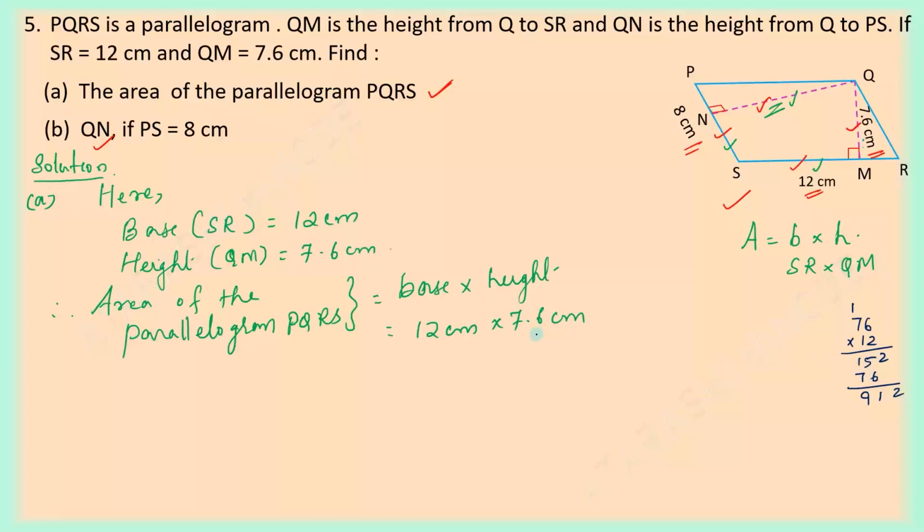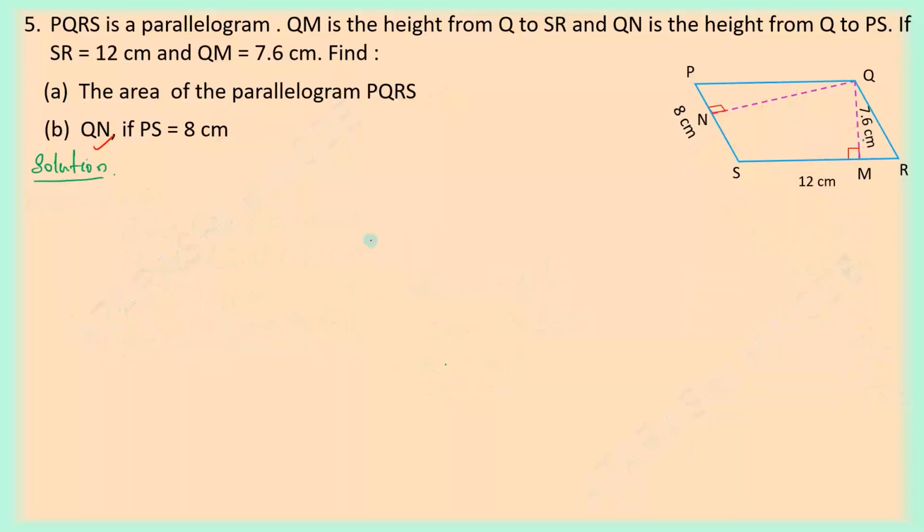Since there is only one digit to the right of the decimal, after one digit from the right we can put the decimal here. So 12 into 7.6, we get 91.2 centimeter square. This is the area of this parallelogram PQRS.